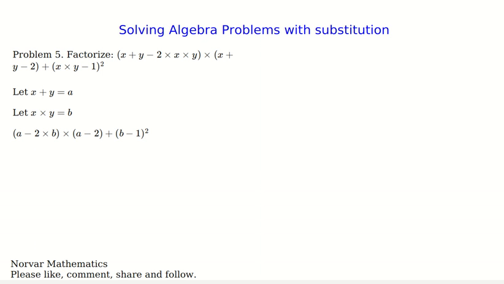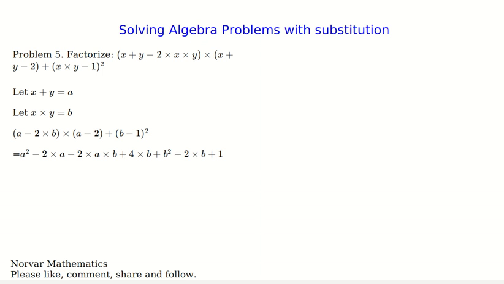The original formula equals (a - 2)(a - 2ab) plus (b - 1) squared. Expand. Equals a squared minus 2 times a minus 2 times a times b plus 4 times b plus b squared minus 2 times b plus 1. The first term, the third term, and the fifth term form a perfect square.